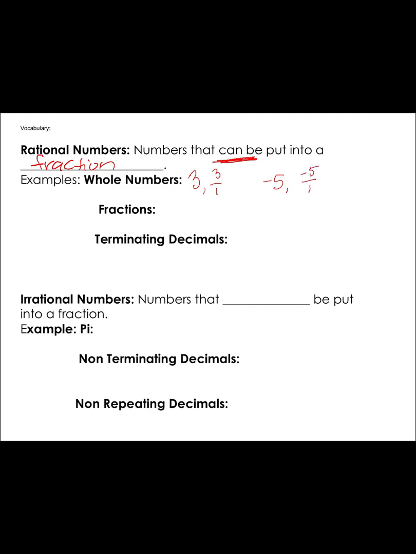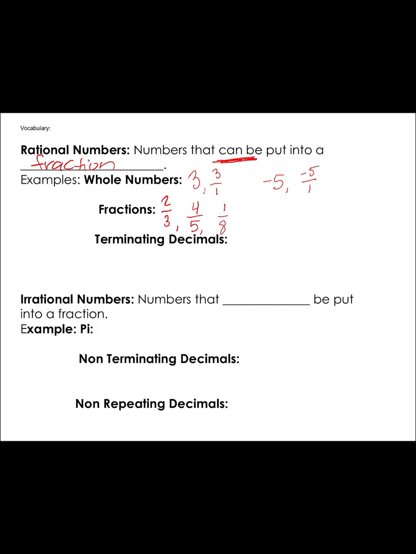So we could put any whole number over 1 to make it a fraction. Therefore, it is a rational number.